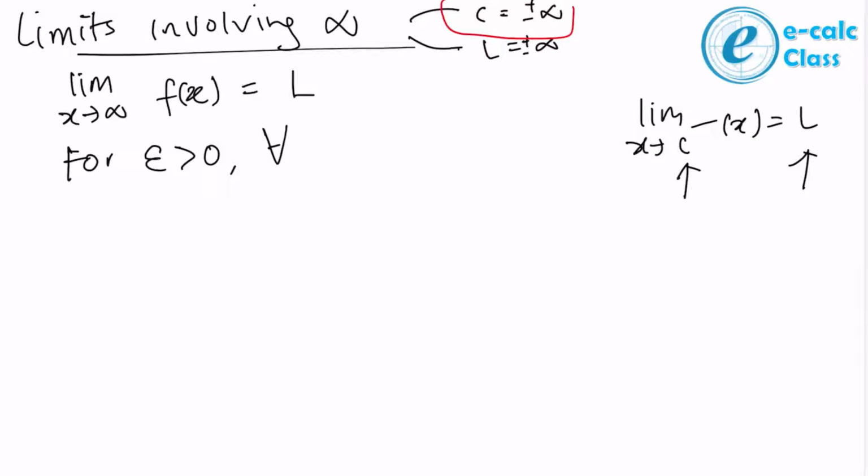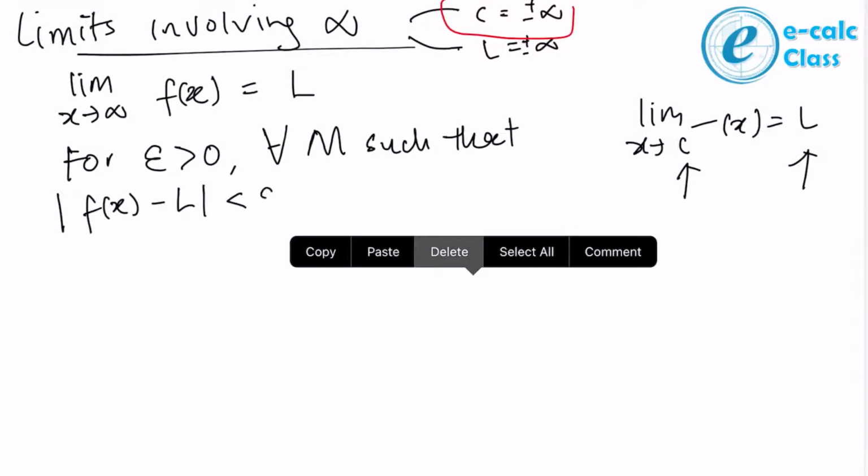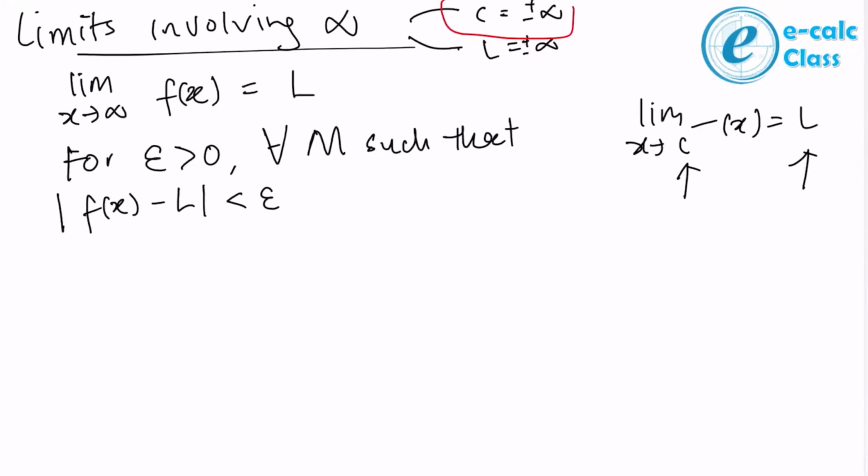Maybe this time I don't use delta because it's not delta. Maybe I choose M, such that the absolute value of f(x) minus L is smaller than epsilon whenever your x is greater than M.